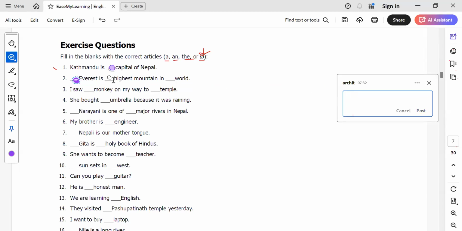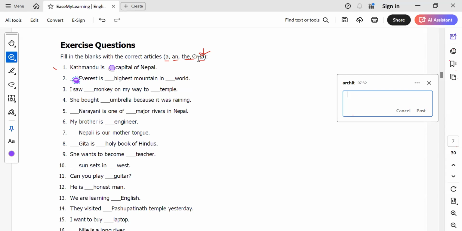Now there are three gaps here, so we want you to answer with three answers, not just one. Dash Everest is dash highest mountain in dash world. All three dashes will be filled by either of these words or nothing, so please answer all three.